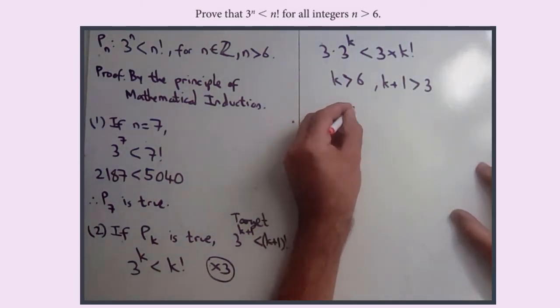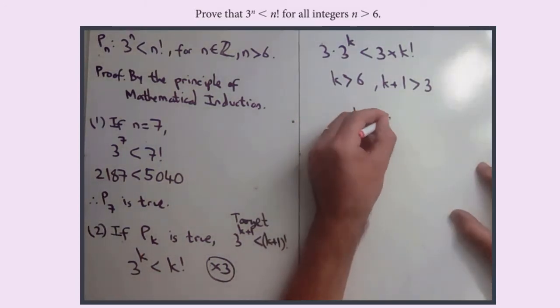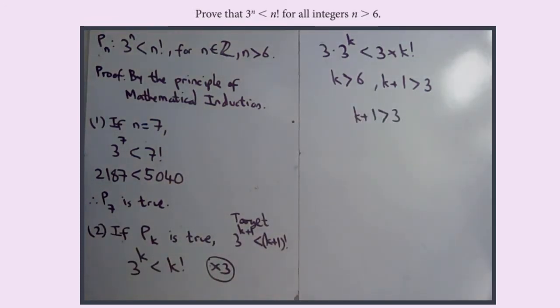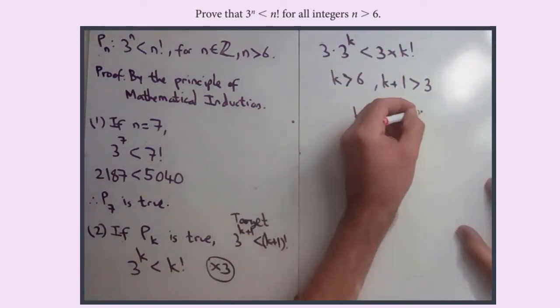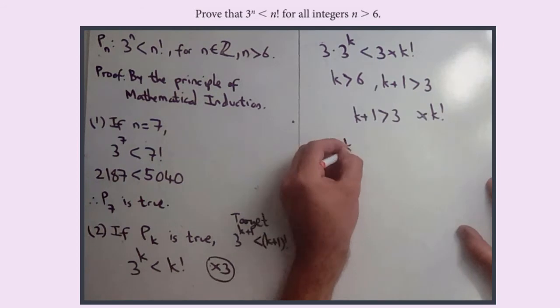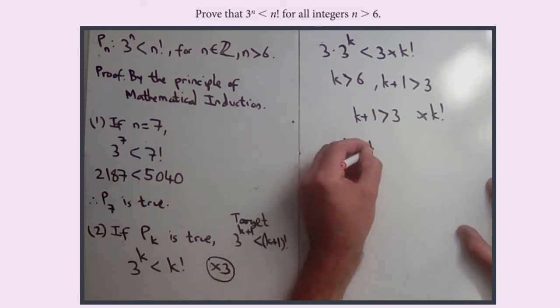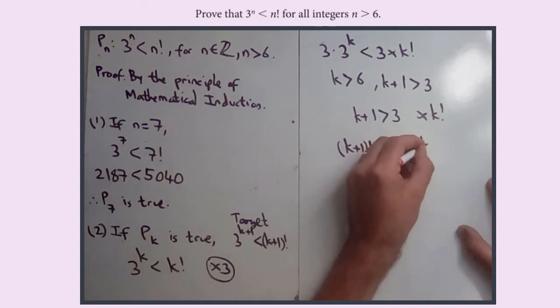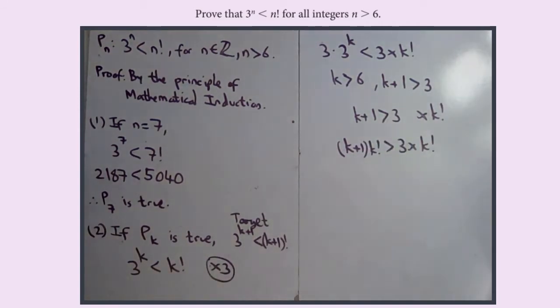So if we have k plus 1 is greater than 3, which we know to be true, and we multiply both sides by k factorial, which we know is definitely positive, then we're going to get this. So if we times both sides by k factorial, that says k plus 1 times k factorial is greater than 3 times k factorial, right?